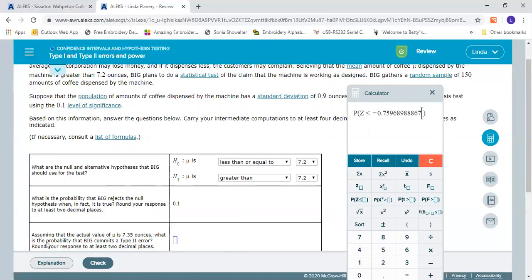The question says, what's the probability that they commit a type 2 error? A type 2 error, you accept the null. The null is the less than or equal to. We have the less than or equal to, so we don't need the 1 minus. I'm going to hit equals there, rounding that off to 2 decimal places. 0.22 is going to be my answer.